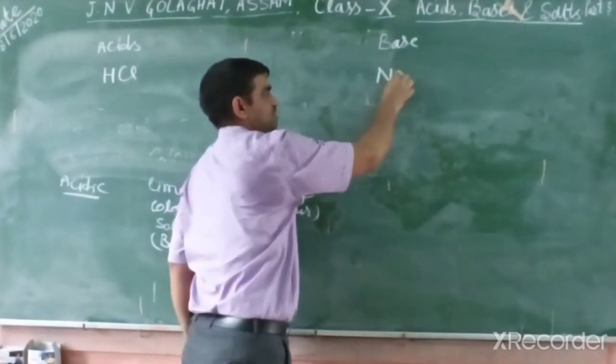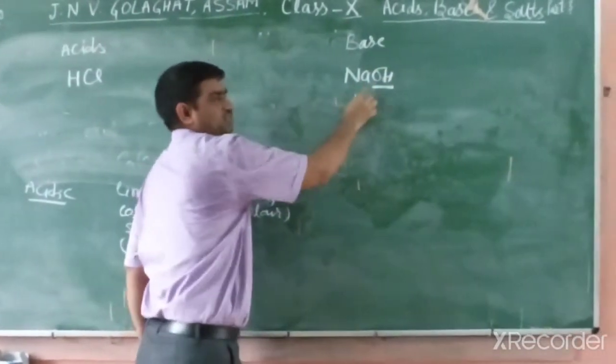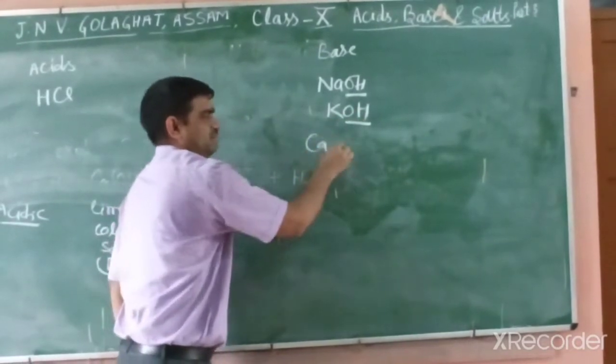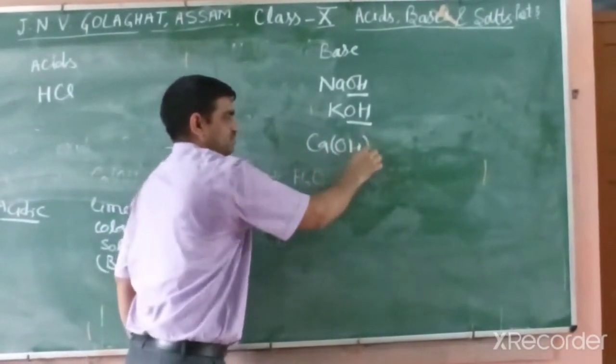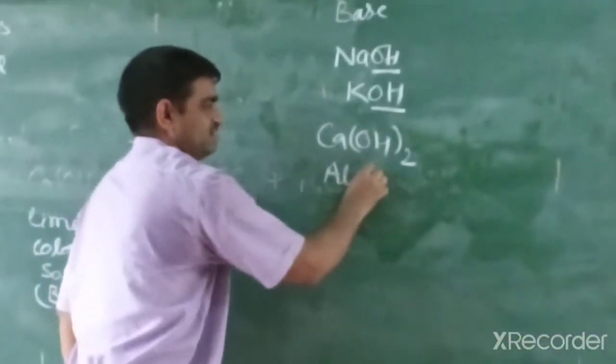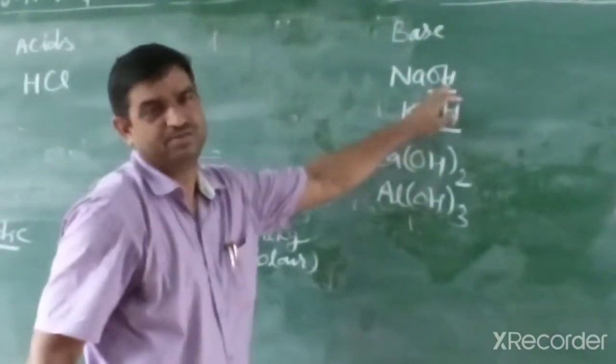Bases: sodium hydroxide has this hydroxyl ion. Potassium hydroxide has hydroxyl ion. Calcium hydroxide, aluminium hydroxide. So these are bases, and all the bases have hydroxyl ion.